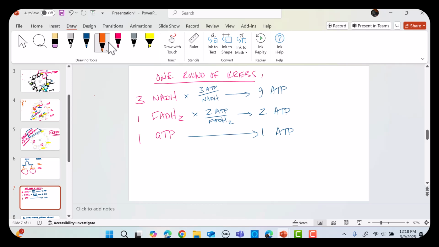Anyone who took biochemistry in the last 10 or so years is saying, whoa, hang on here. NADH is 2.5 ATP and FADH2 is 1.5. You're right, but you're accounting for heat. I'm not. So my big disclaimer here is not accounting for heat.